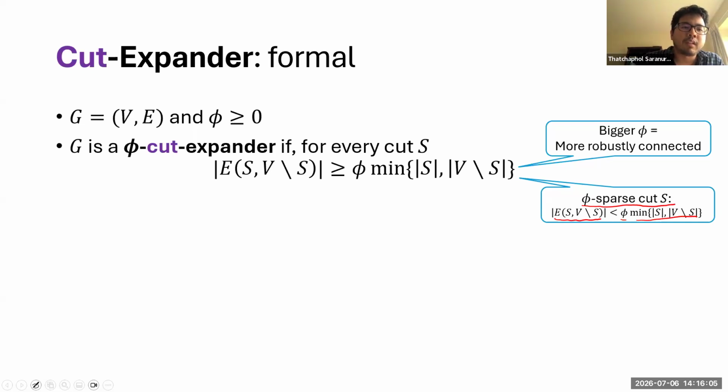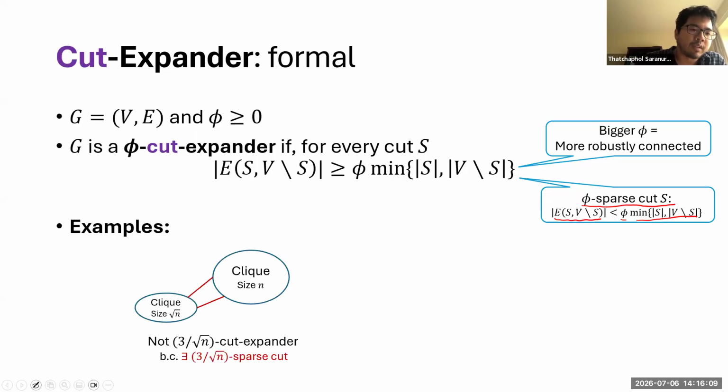Okay, let me give some examples. When you have this graph, which is like two cliques connected by two edges, then this cut would be a phi sparse cut, where phi is something like 1 over root n, because the smaller side is root n. So this is a bad expander.